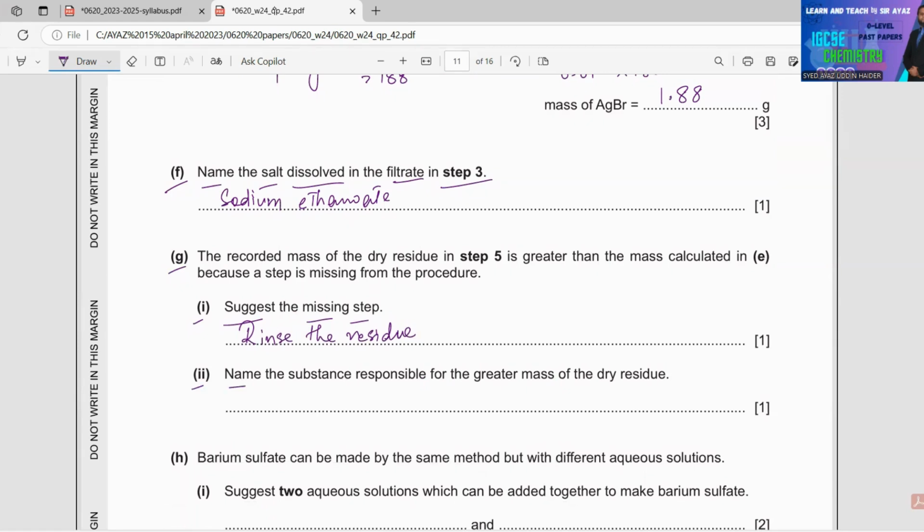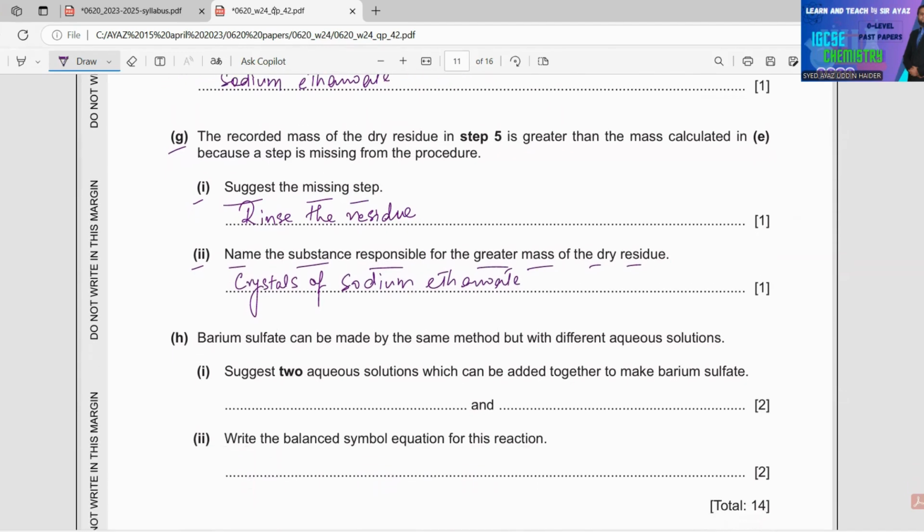Number 2, name the substance responsible for the greater mass of the dry residue. Definitely, it's crystals of sodium ethanoate, which can be washed off by rinsing this residue.